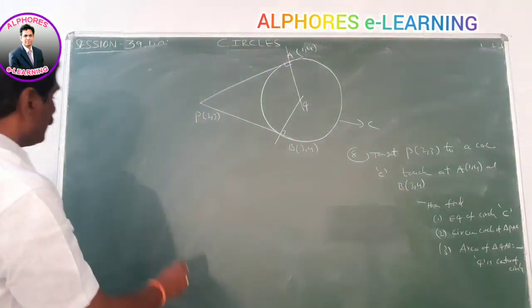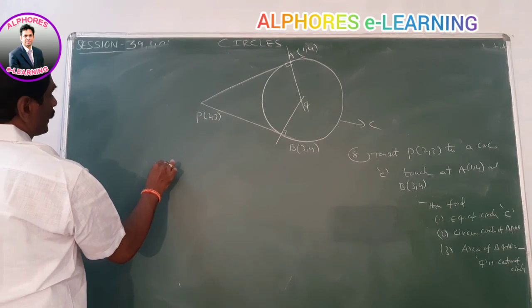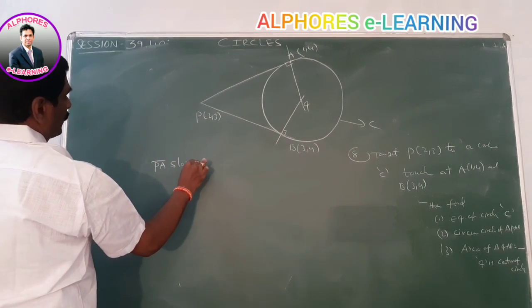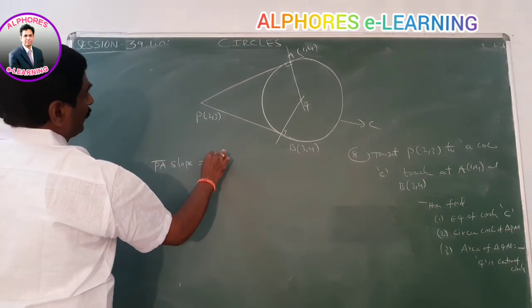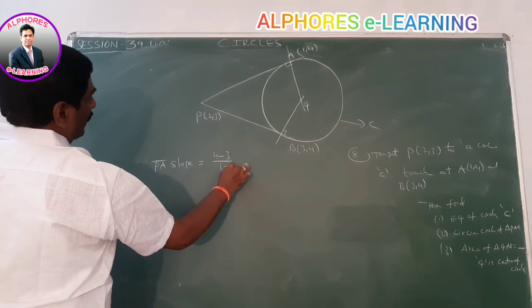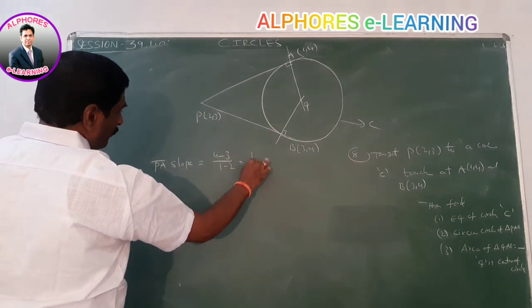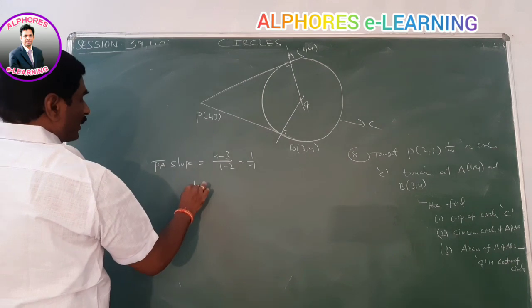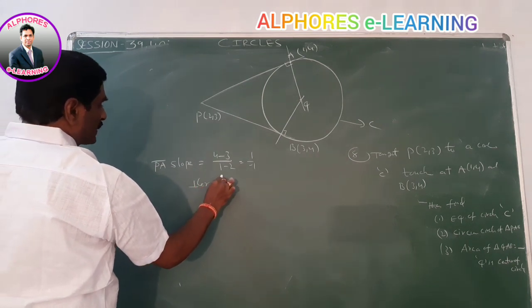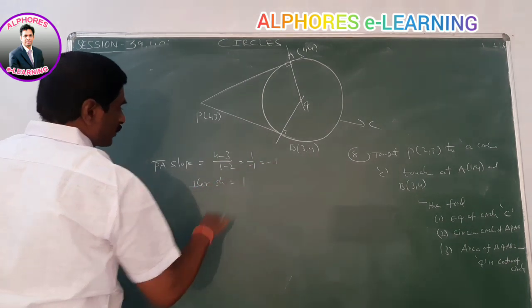Now the slope of PA is (y2 minus y1) by (x2 minus x1), that is (4 minus 3) by (1 minus 2), which equals 1 by minus 1, so minus 1. The perpendicular slope is 1.